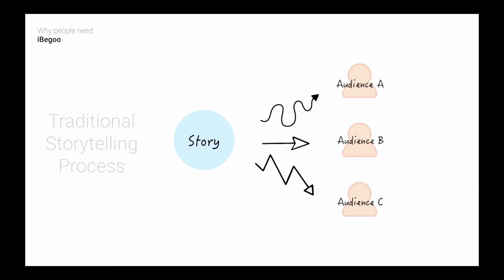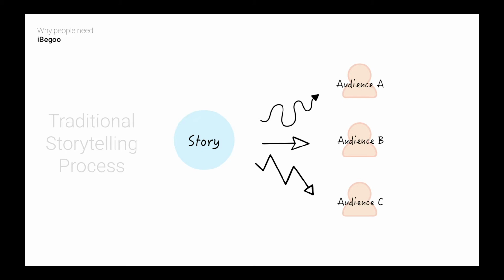If someone wants to tell a story to 3 different audience groups or 3 different individuals, the storyteller is never going to tell the story exactly the same to 3 different individuals, right? Maybe some part is skipped or some part is explained in more detail for a certain individual.